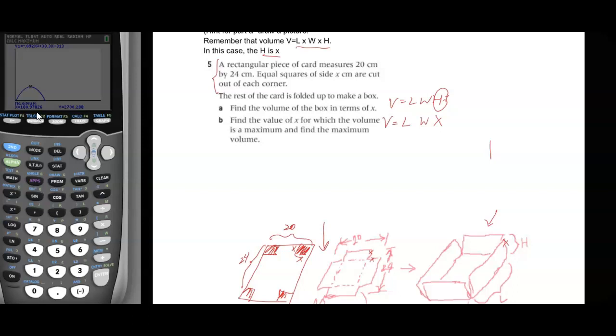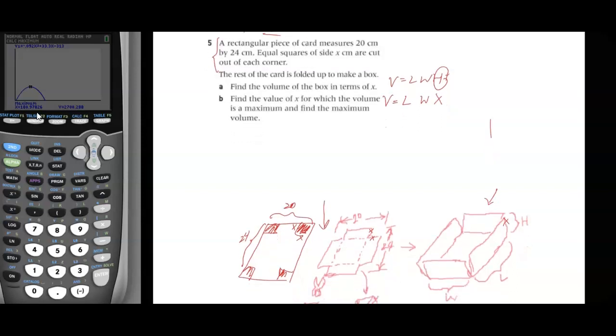Okay, that's the volume. But we can see that the length and the width of the box are related to 24 and 20, right? Do you see the length of the box is this part of the box? So that would be 24 minus x minus x.